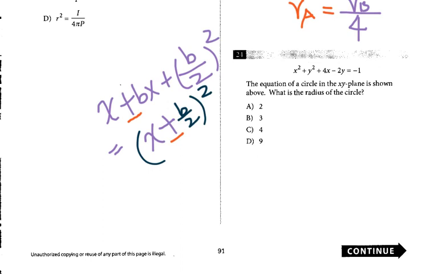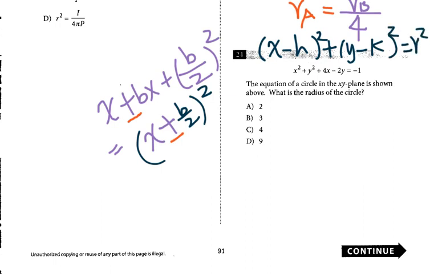Because for the circle, here is the formula for that: (x minus h) squared plus (y minus k) squared equals r squared.